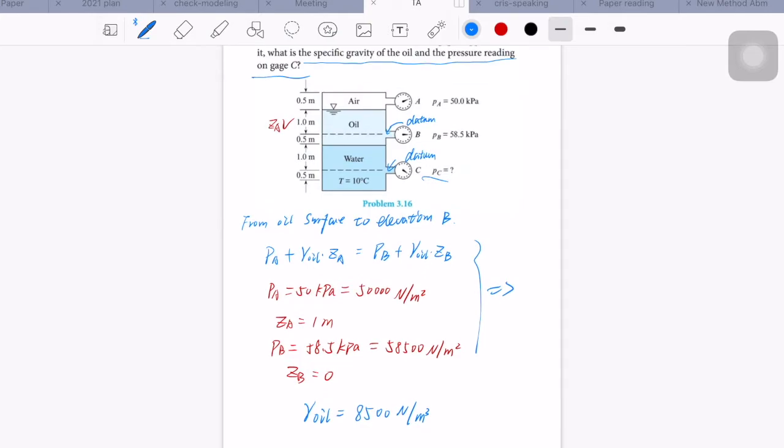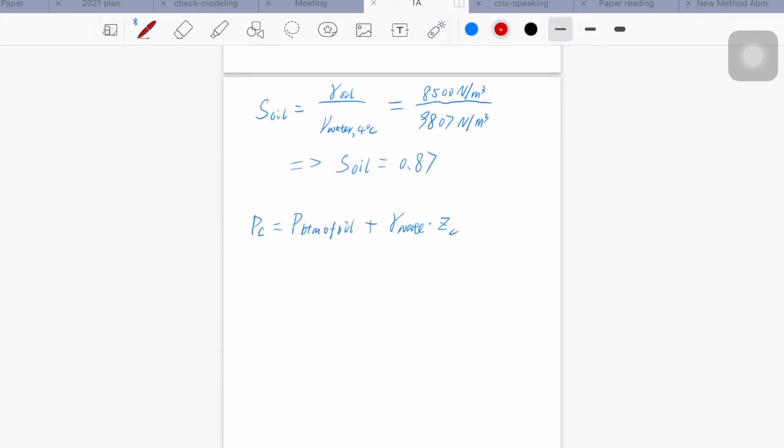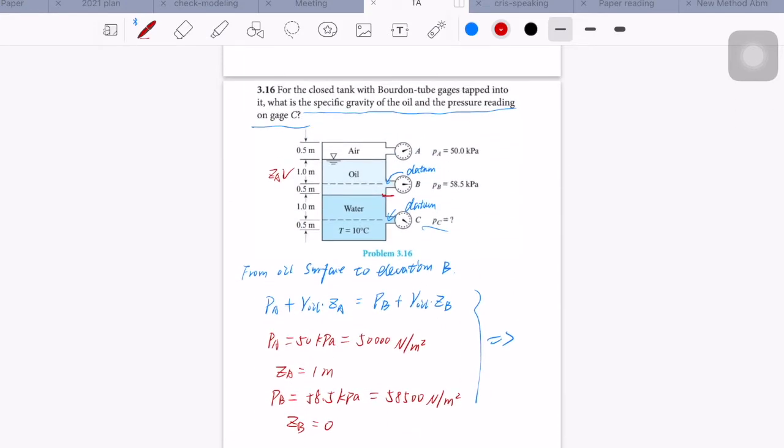And from this figure, we know the pressure at the bottom of oil should be equal to the PB plus 0.5 times gamma oil. So the pressure at the bottom of the oil should be equal to the PB plus 0.5 times the gamma of oil.